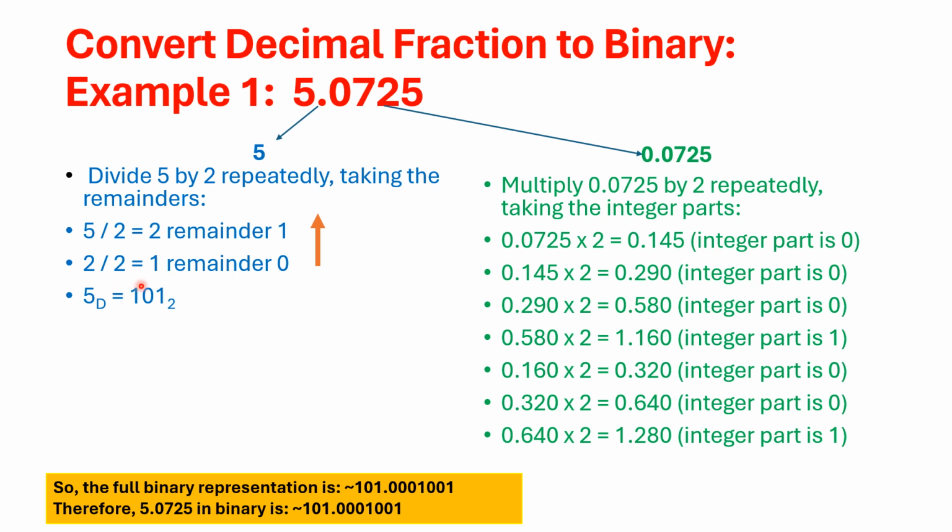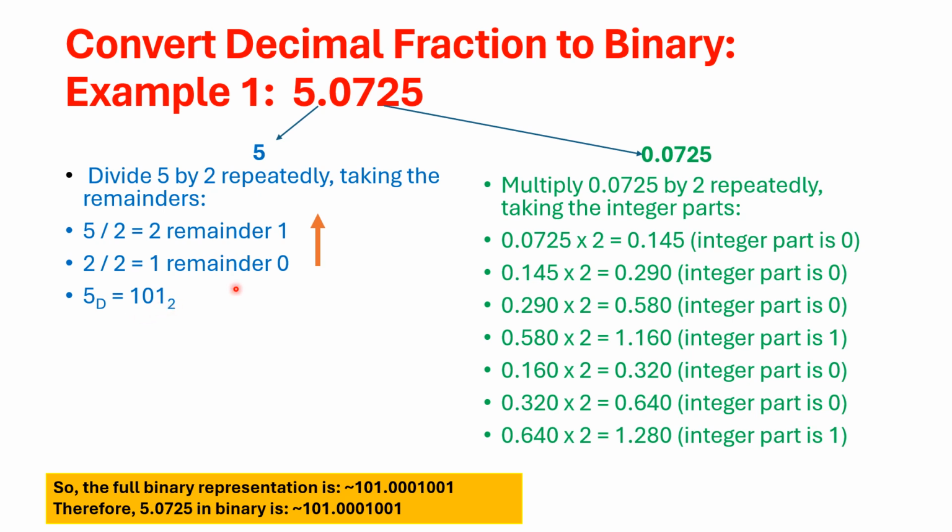The resultant is 1, with the remainder 0. When the resultant is 1, it means that our binary conversion has been achieved. So we read from the bottom to the top for the integer. So 5 is equivalent in binary to 101.